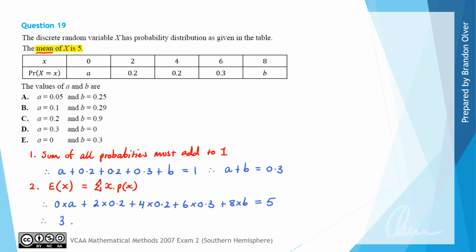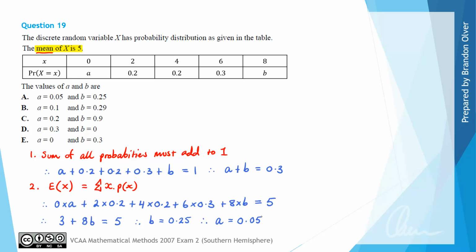This equation would simplify to be 3 plus 8 times b must equal 5. So 8b would equal 2, so you could straight away find that b equals 0.25, which, once you consider equation 1, that a plus 0.25 would equal 0.3, would give a equals 0.05.